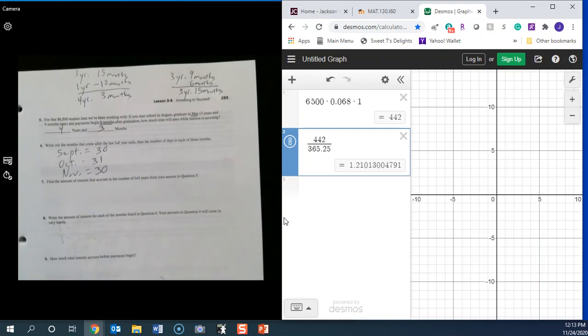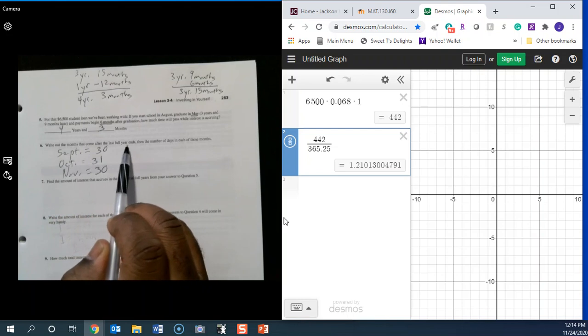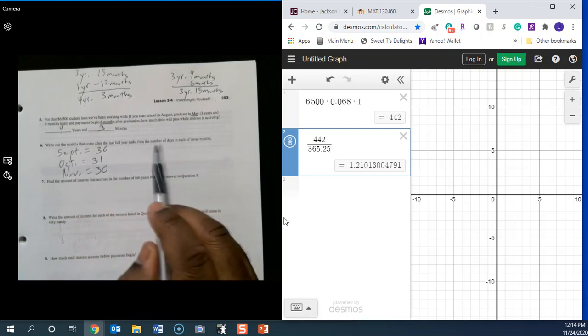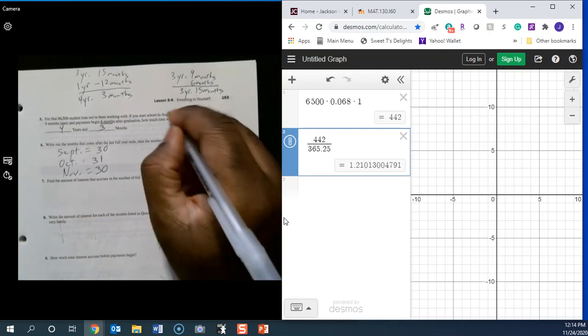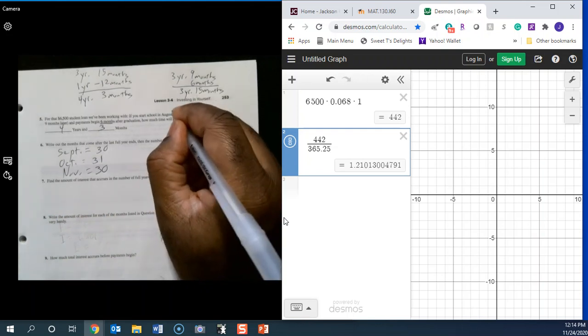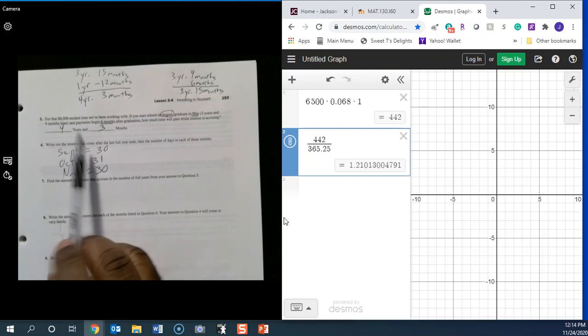Oh, you know what? Let me backtrack. I made a little error here, but I'm still going to correct this. Okay, they said write out the months that come after the last full year ends, then the number of days in each of those months. Okay, we were supposed to go from August because we're talking about not when you graduated, but when you actually started. You started in August.